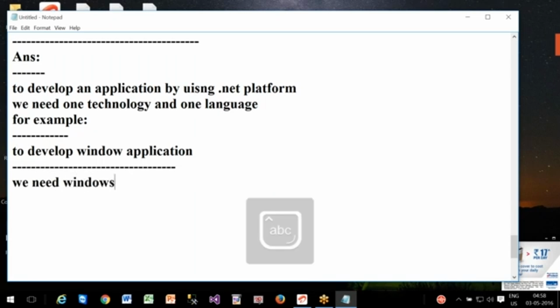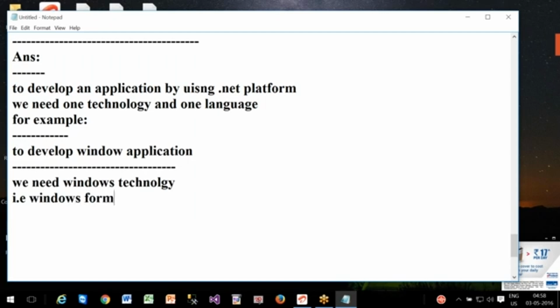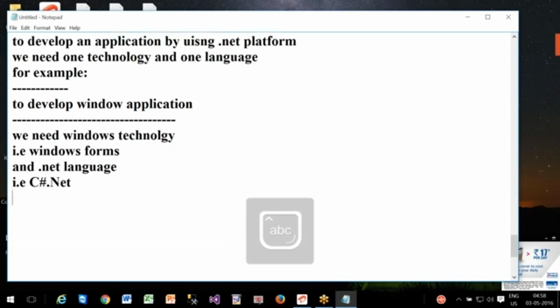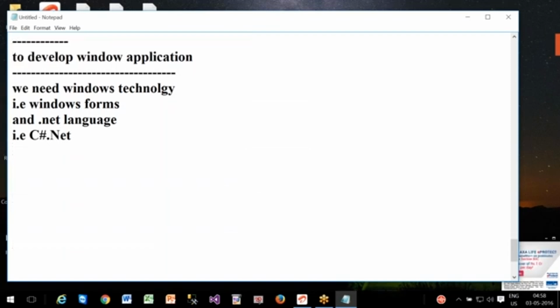We need Windows technology, that is Windows Forms, and a .NET language, that is C#.NET. What is the role of language? What is the role of technology? I'll tell you, but up to that you remember.